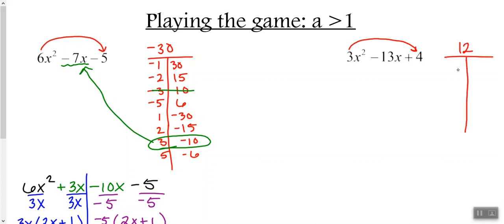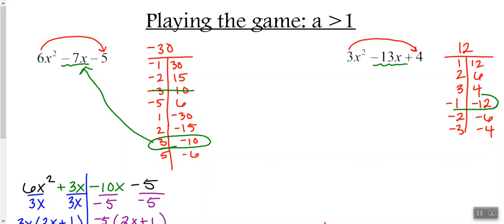And then I'm going to make my list for positive 12. I can do 1 and 12, I can do 2 and 6, I can do 3 and 4, or remember I can also do the negatives of each. Negative 1, negative 12, negative 2, negative 6, negative 3, negative 4. And I'm looking for which one adds to negative 13.